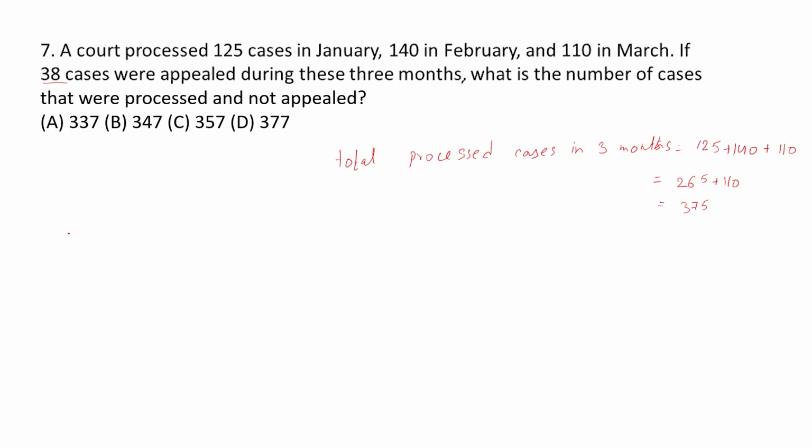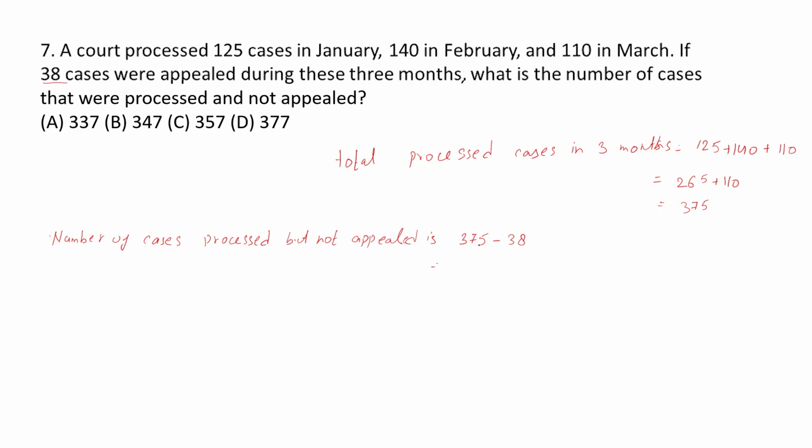So what is the number? Number of cases processed but not appealed is 375 minus 38, right?